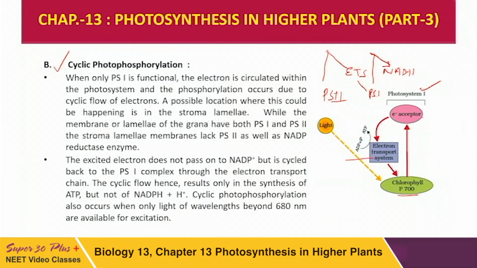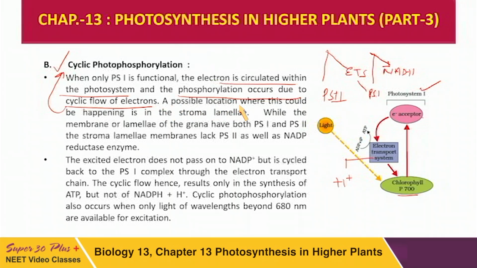And after generating hydrogen ions, again that will be back to photosystem 1, the same chlorophyll molecule, therefore known as cyclic photophosphorylation. You see, the electron is circulated within the photosystem, and photophosphorylation occurred due to cyclic flow of electron. Therefore, that was known as cyclic photophosphorylation.